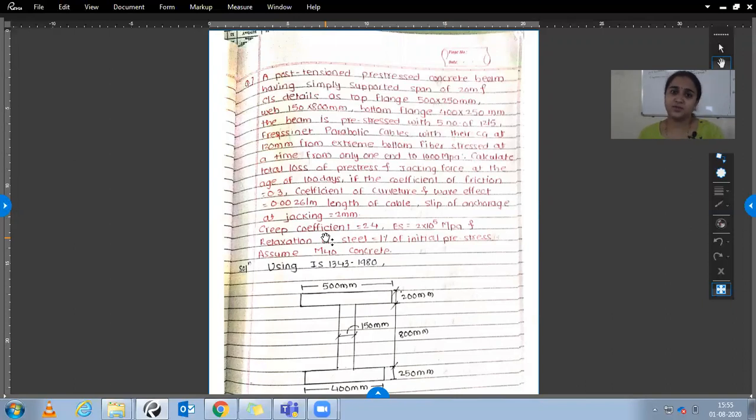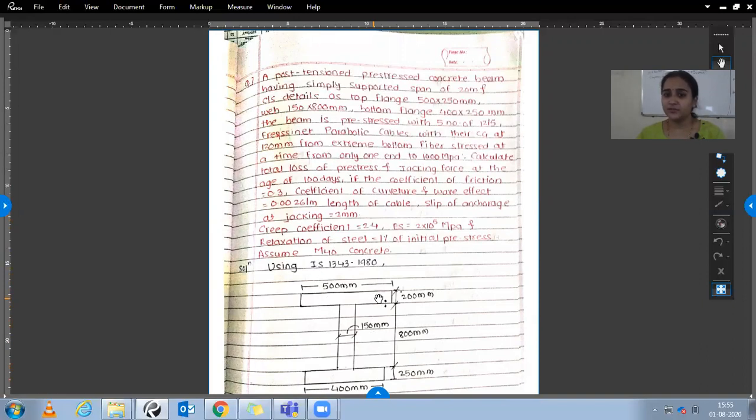So this is the one whole numerical we have solved here. Here what we have been given is an I section. They can give a rectangular box section, a simple beam section, or a T section.